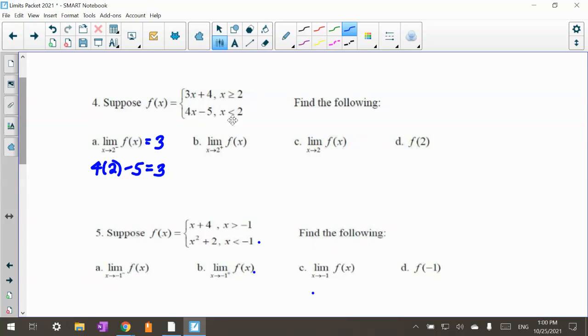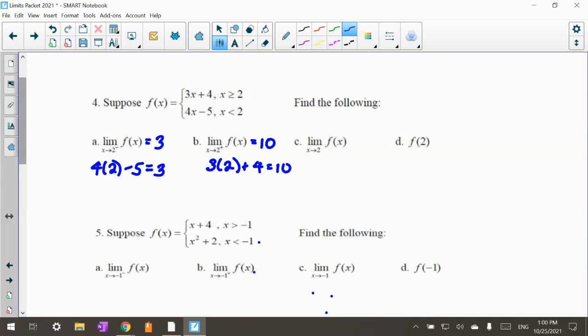This is all the numbers smaller than 2. When I approach 2 from the right, that's going to be the top piece because these are all the points greater than 2. I'm going to do 3 times 2 plus 4, which comes out to be 10. So this is approaching 10 from the right. Now you can check the graph and find the points that you want. This point right here doesn't even exist, so it's not even going to show on your table, but that's what you're approaching.